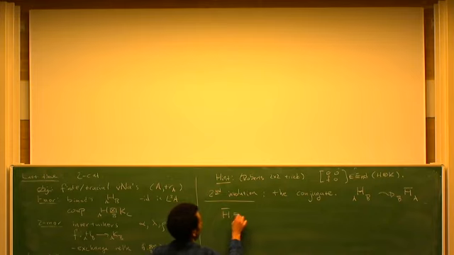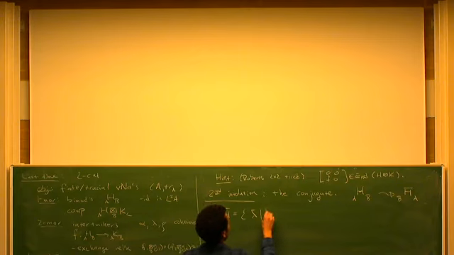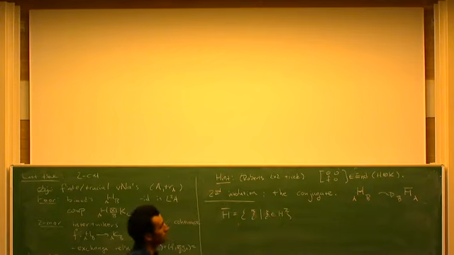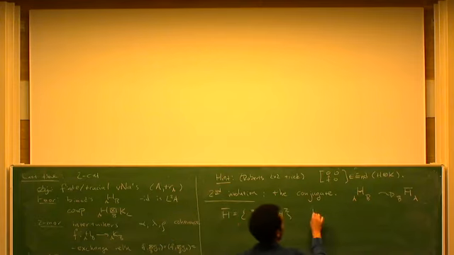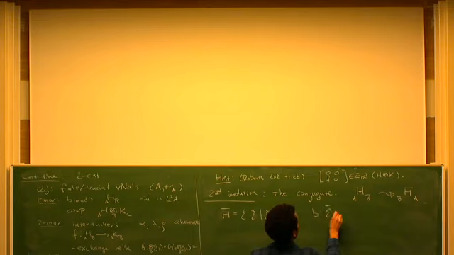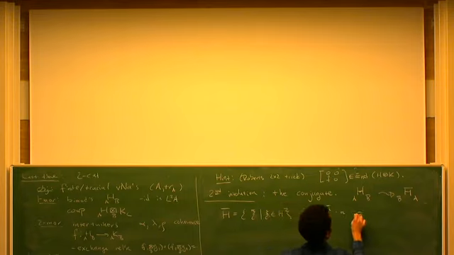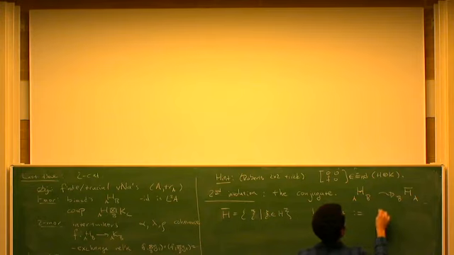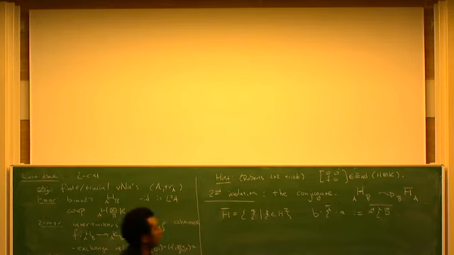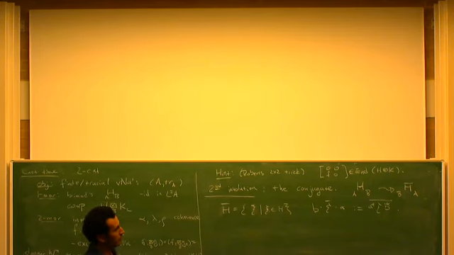So I define it to be the conjugate Hilbert space. Sorry, this is C, with the conjugate symbols, and I define the action by acting on the left by A star and then acting on the right by B star. Okay? So this is a Hilbert space.